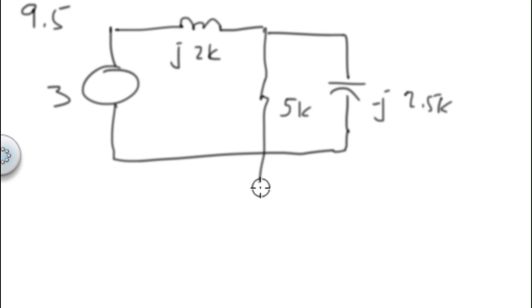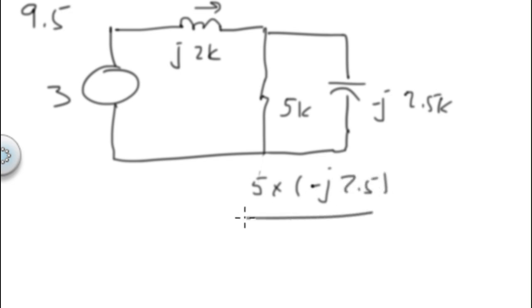But now what do you have to do with this? Well, they ask for the I across this right here. So I have to combine these two, and I have to do it with the parallel rule. So it's 5 times minus J 2.5 all over 5 plus, 5 minus J 2.5.